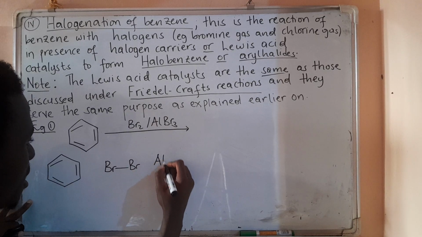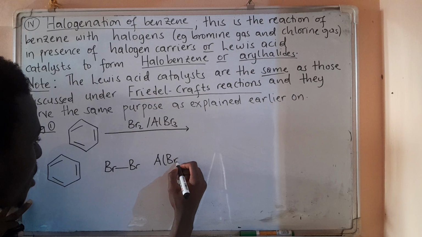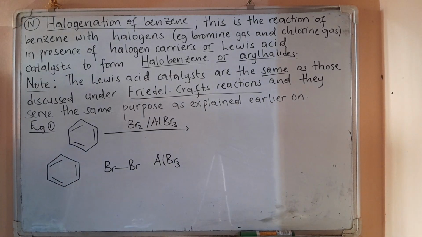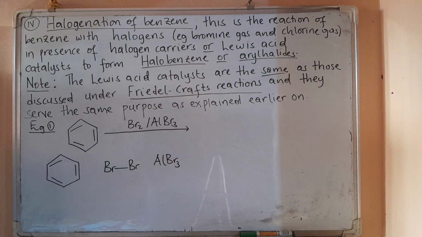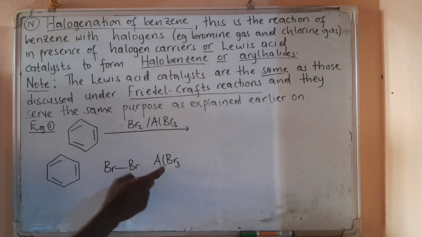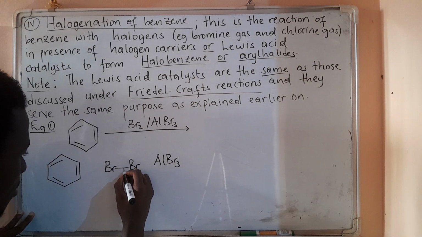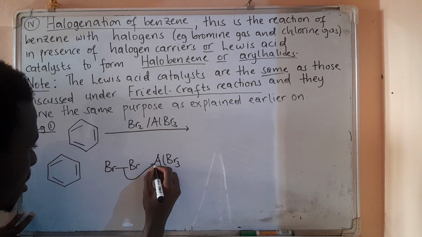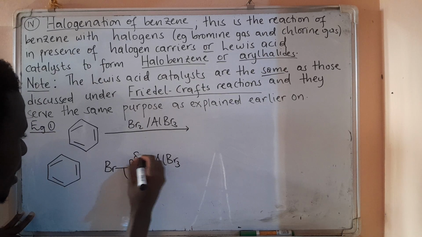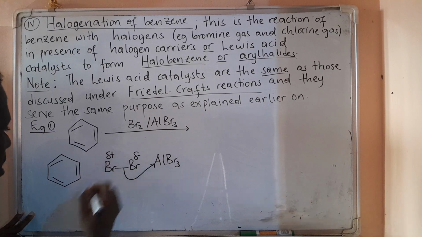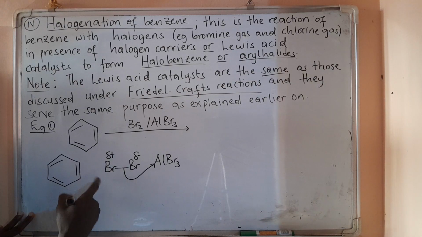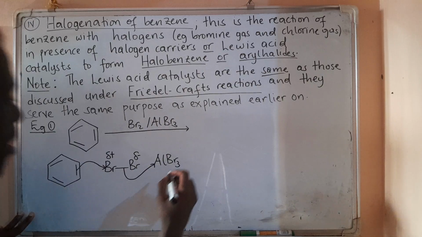Then my Lewis acid catalyst or the halogen carrier has a central metal atom which has vacant orbitals, so it is electron deficient. So this has a partial negative charge, partial positive charge, implying that this bond is polar. This is electron deficient. Benzene now can donate to it.